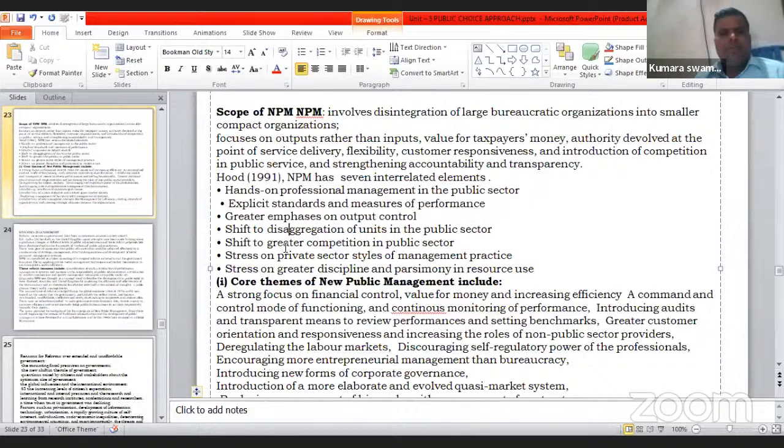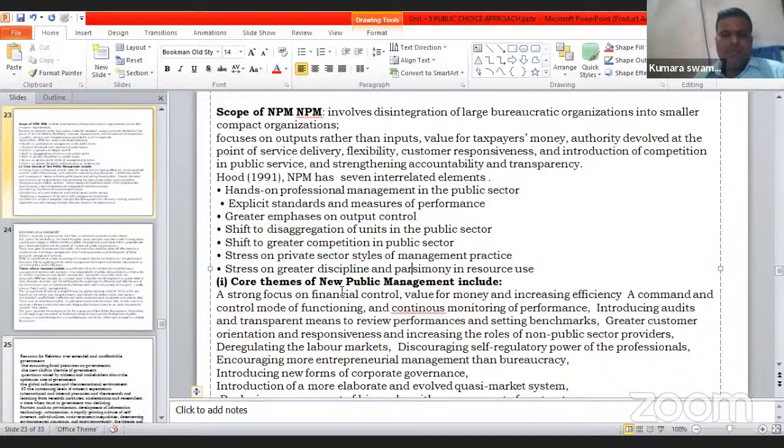They are focusing on private-sector type of management and stress greater discipline and parsimony in resource use. I mean, use the proper resources.